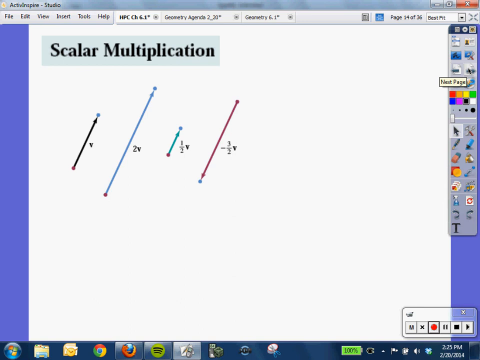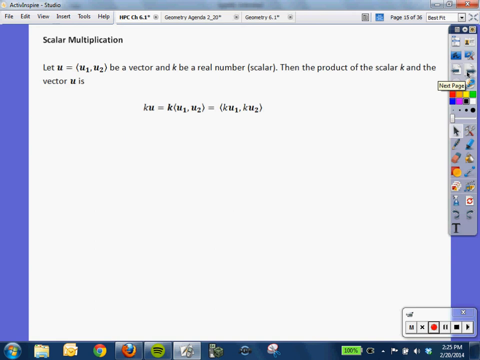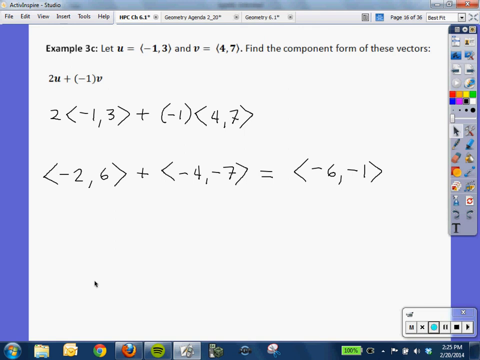So this next section is about scalar multiplication, and a scalar will stretch a vector or shrink a vector or change the direction of the vector. A scalar is a numeric value that is multiplied on the vector, and we will distribute that scalar into the horizontal and the vertical component of the vector. So here the example is done.